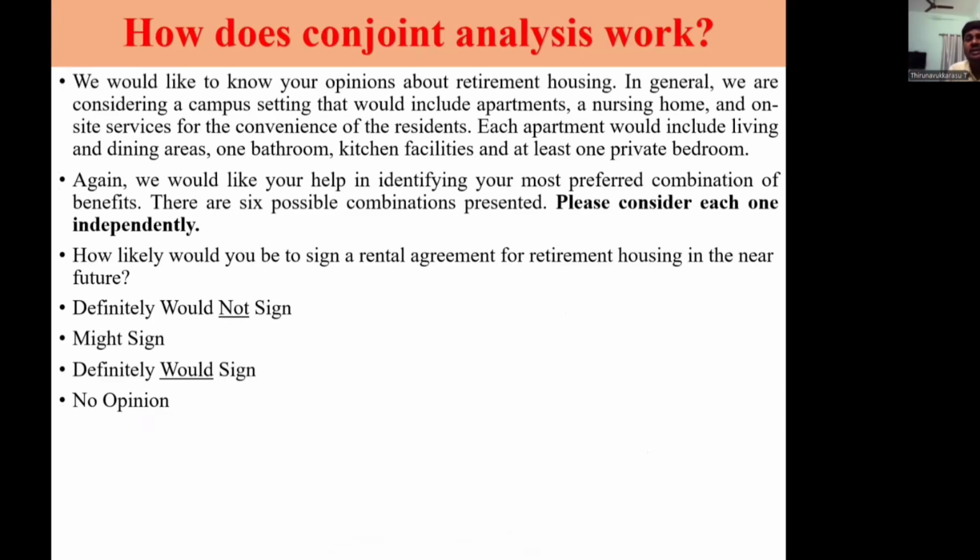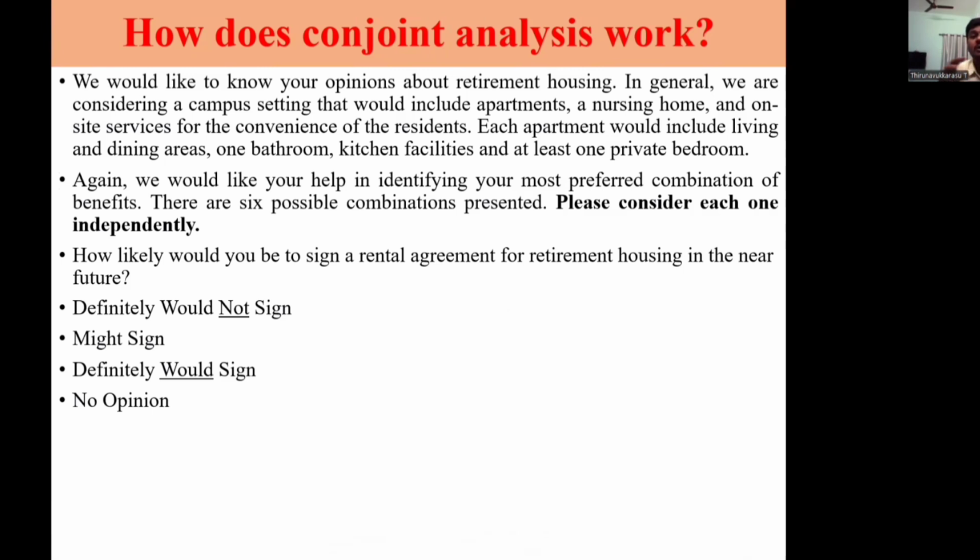How does conjoint analysis work? Conjoint analysis works on different things, right? It helps you understand the six different options I have quoted here for retirement housing, which is considered a campus setting that would include apartment, nursing, and on-site services for the convenience of the residents.